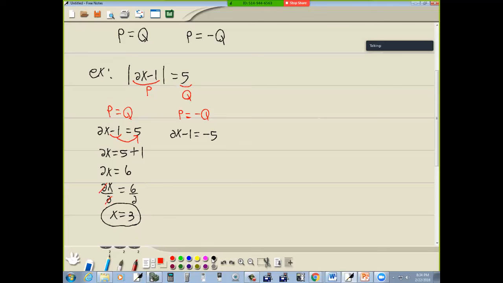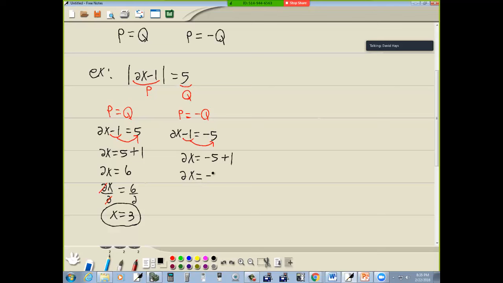Those 2's cancel. Now we want to do the same thing on this one. Get rid of parentheses, don't have any. Get rid of fractions, don't have any. Get everything with x on one side, numbers on the other. So I'll take negative 1, move it over. You take anything across your equals, your sign changes, so negative 1 becomes a positive 1. Combine numbers in a step.